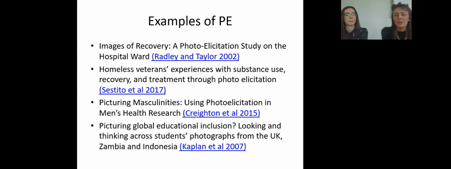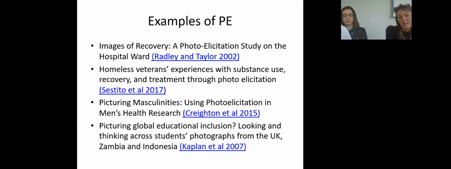If you were to do a search of photo elicitation research studies, more often than not, what comes up are these papers around recovery on a hospital ward. A lot of studies have used them to document homelessness or substance addiction, substance misuse, and so on.